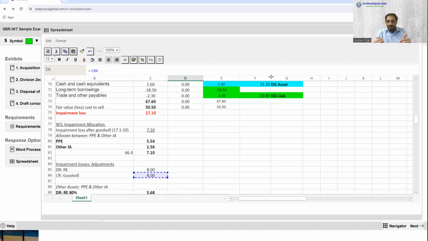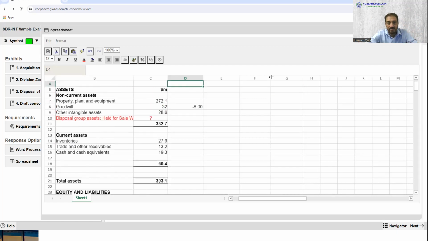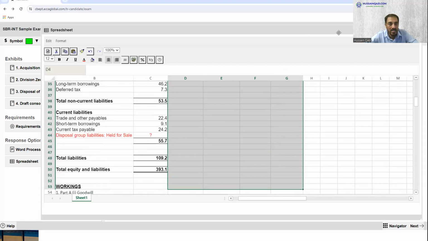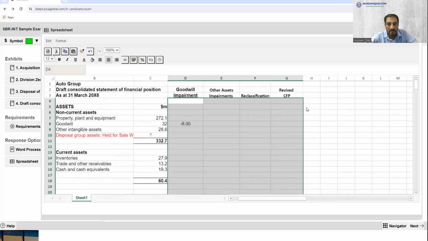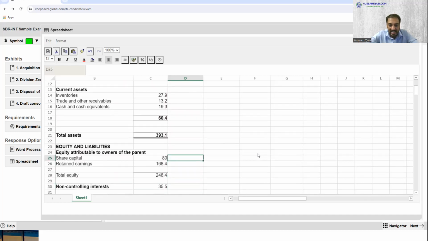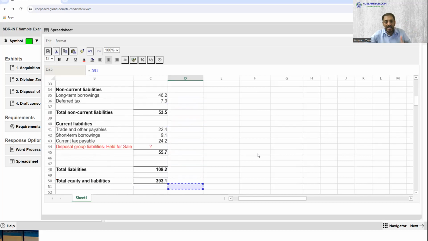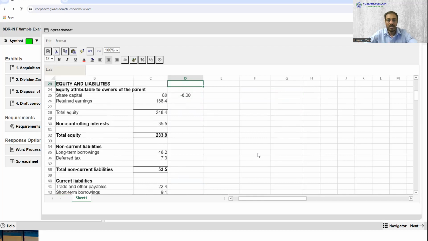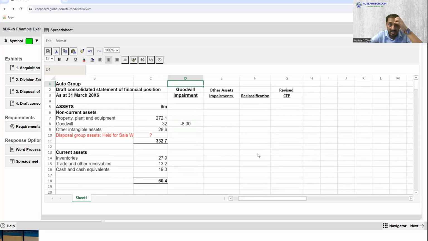So goodwill credited with the asset, the value should be minus. And here the retained earnings also adjusted. Retained earnings debit, that should be minus. That's the first point. Other assets.